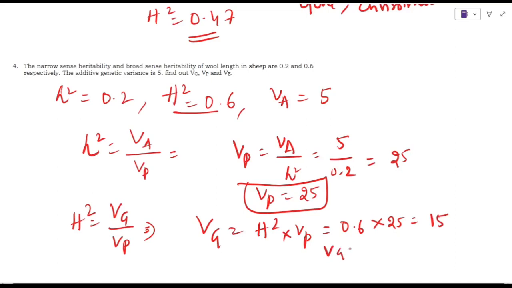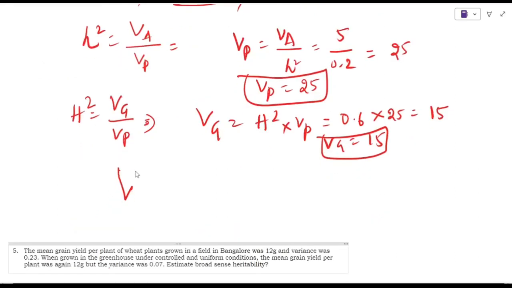We calculated Vg and Vp, and we need to calculate Ve. You already know the formula. Vp is equal to Ve plus Vg. We need to calculate Ve now.